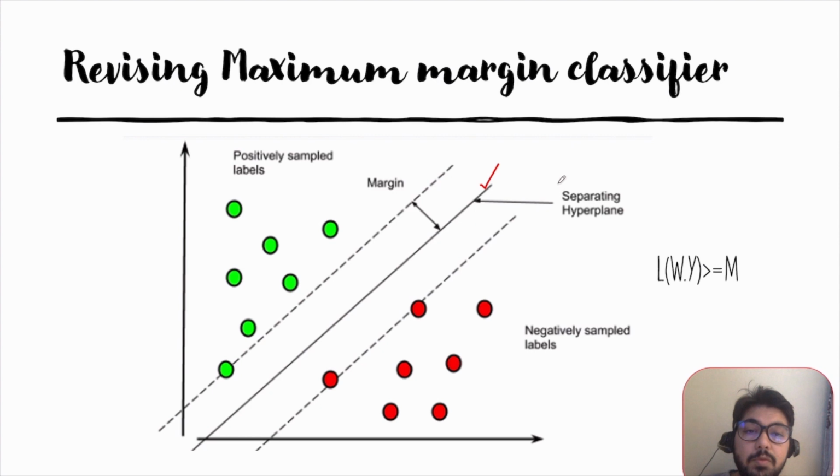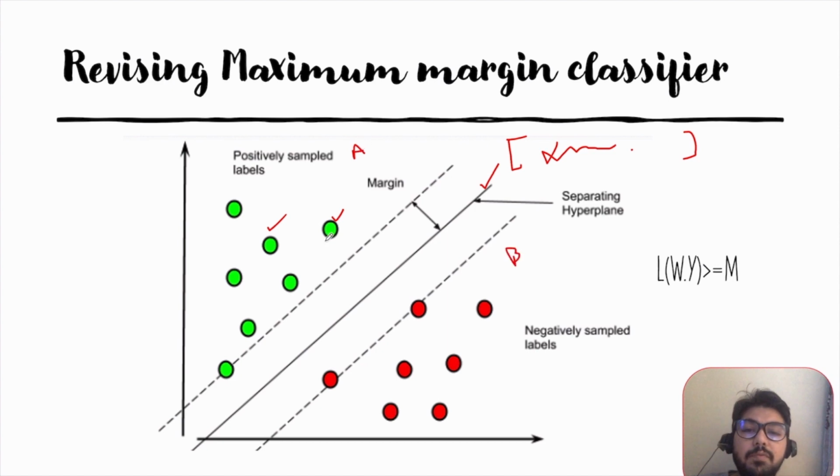The line is basically a mathematical formula, and by putting the values of each point in that formula, we calculate whether this belongs to class A or class B.